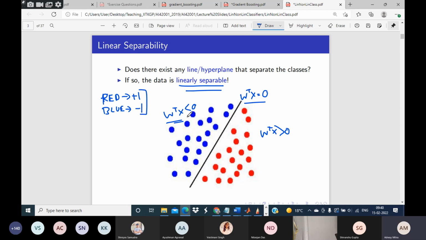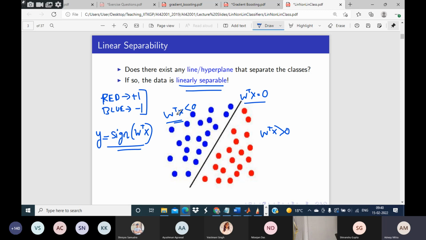In that case, if I define a hyperplane classifier or linear classifier like this, which predicts in this way, then as you can understand, it will have 100% accuracy. For all the red points, it will predict +1, but red and +1 are the same. And for all these points, it will predict -1, but -1 basically means blue. So all the red points will be classified as red, and all the blue points will be classified as blue.